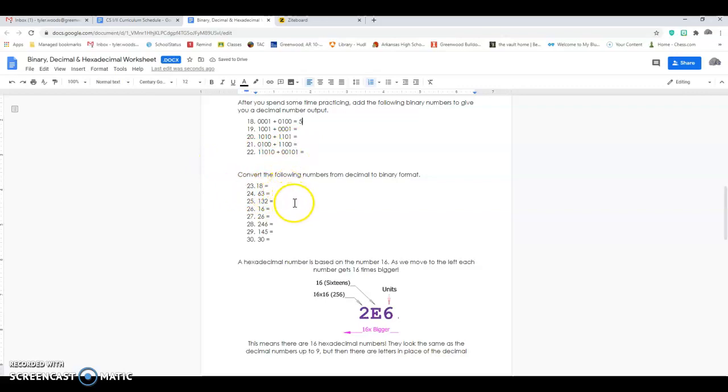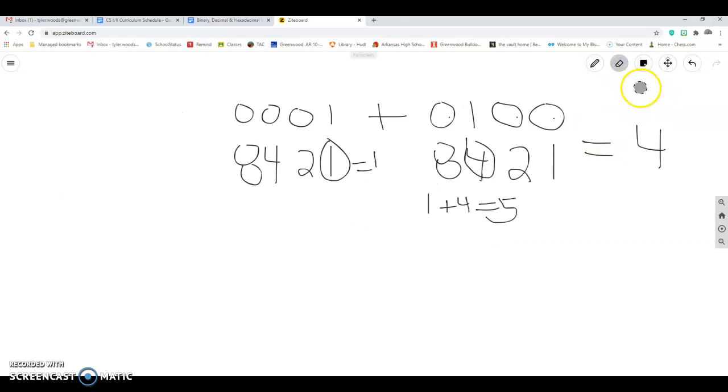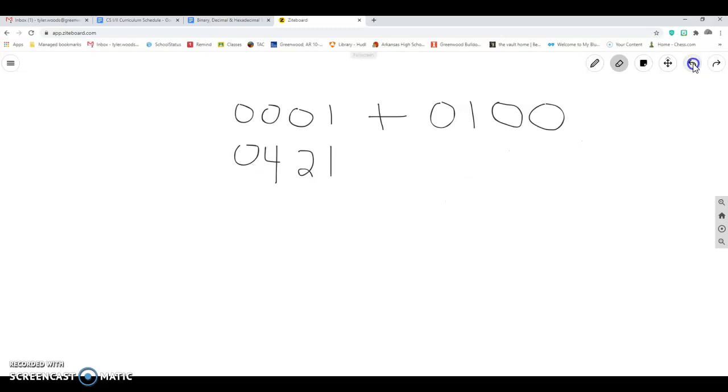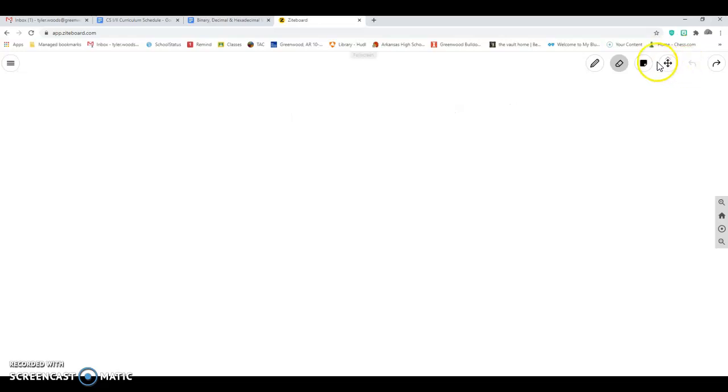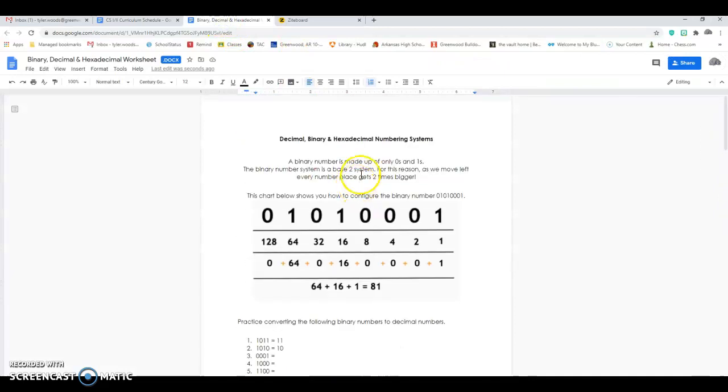The next part, so let's review just real fast. Let me erase that. Anyways, I was going to go back and talk about that sticky note I had, but remember, binary is 2, it's zeros and ones.